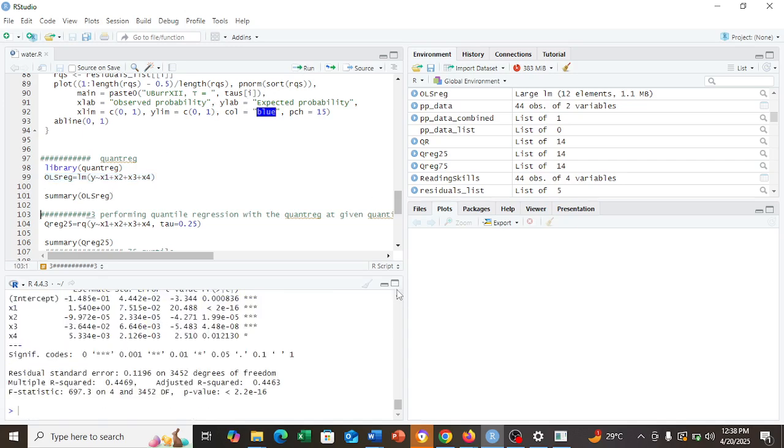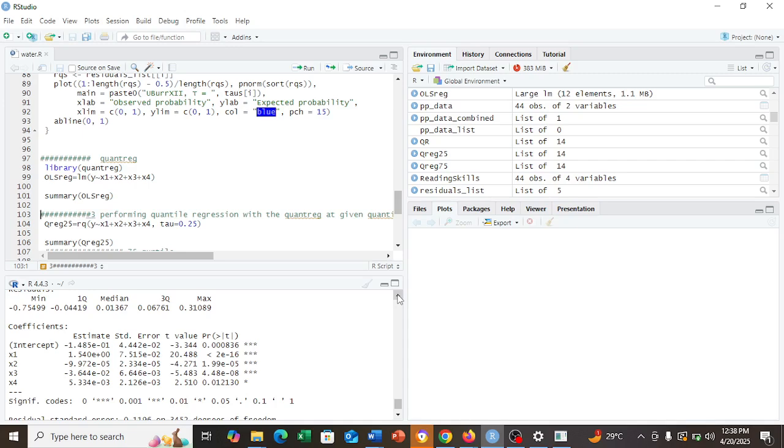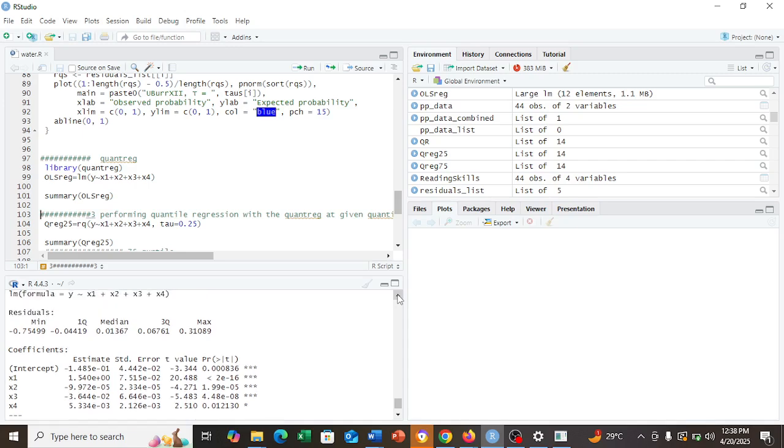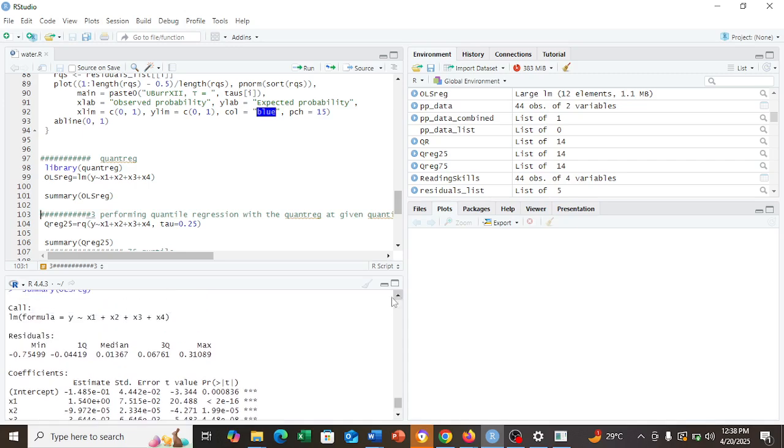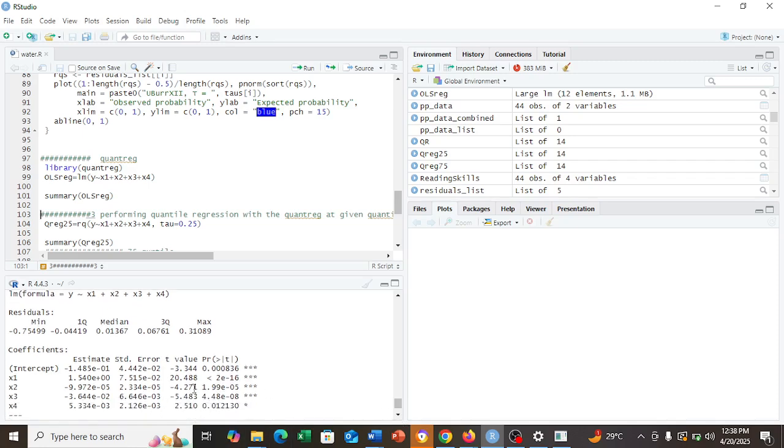So we are now in the quantric package, the second way of running quantile regression in R. If I want the ordinary linear regression for my data, then I get it. The minimum value is this, the first quartile is this, the median is this, the third quartile is this, and the maximum value, I'm talking about the response variable.